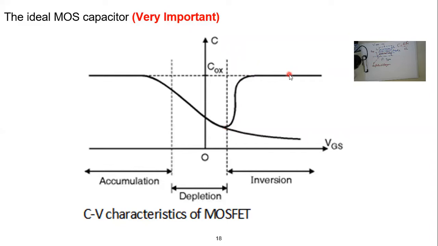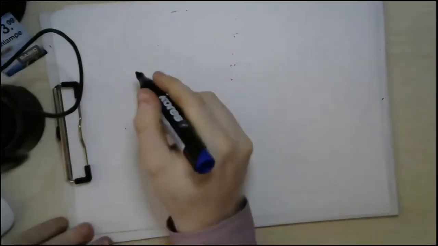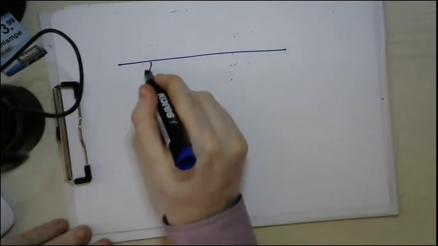Okay, what if we have a pinch-off? So let's plot. Again, the source and drain.